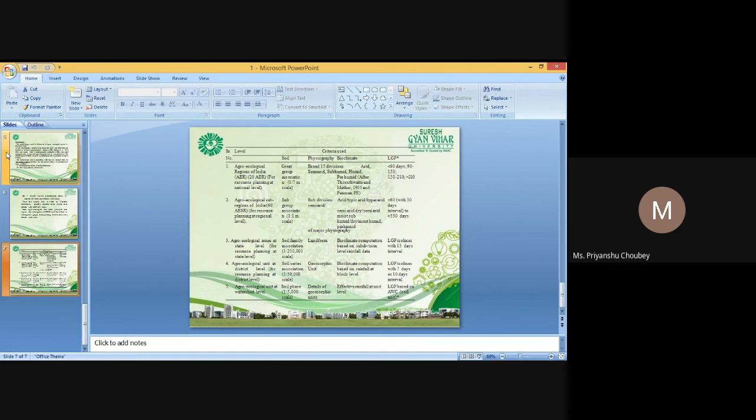Northern plain physiography, precipitation 1000 to 1500, PET 1400 to 1800, and length of growing period 150 to 180, with rice.